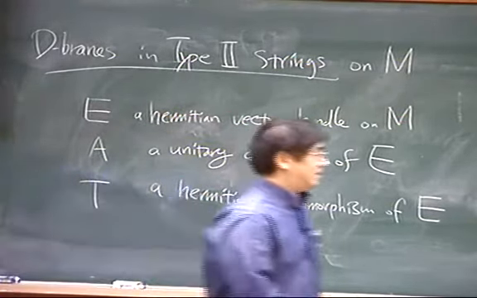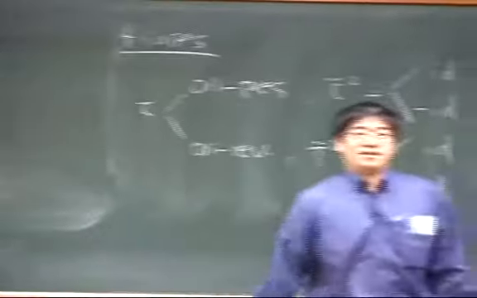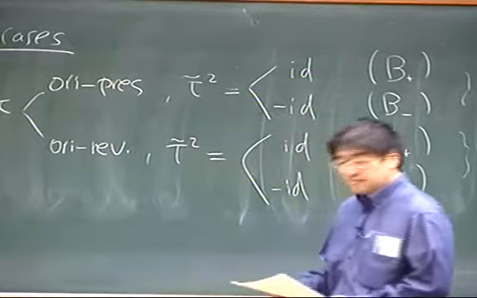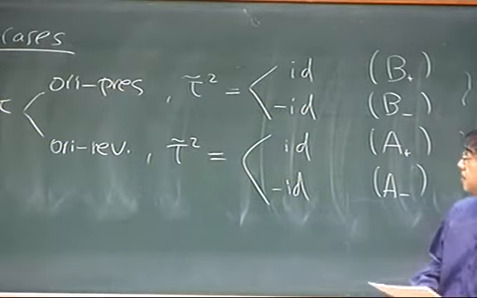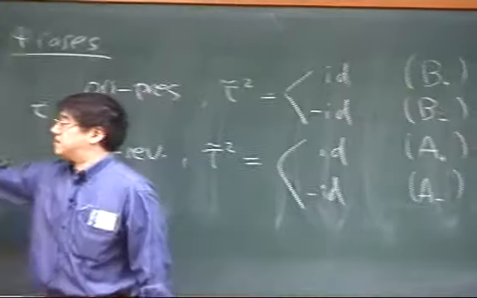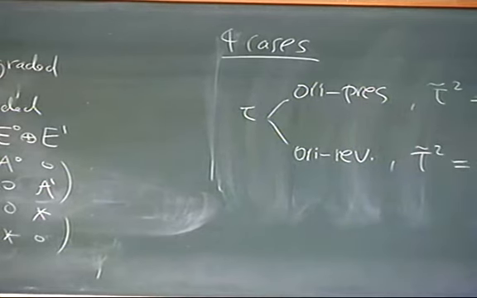So if you consider D-branes on a special Lagrangian submanifold, that should correspond to some E and T and A, where the zero of T corresponds to this special Lagrangian. Do E and E1 have the same rank? For this case, you don't need this rank to be the same.